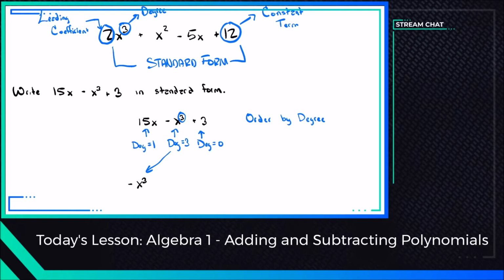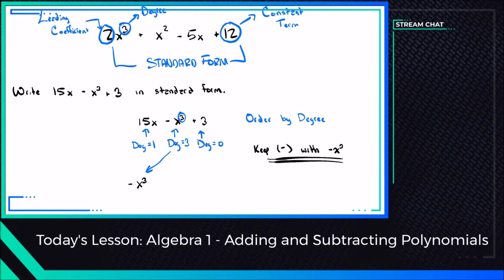Keep the negative with negative x cubed. Big thing, right? It's okay if you make mistakes. I made a ton of mistakes. I continue to make a ton of mistakes. Negatives are just that little minute problem that you always run across. So it's okay if you make the mistake, just realize that you made it.